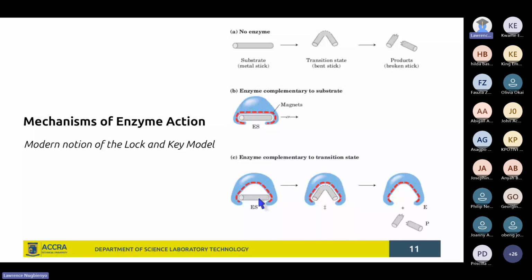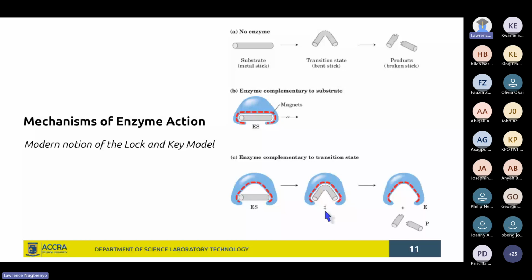And because it's not perfectly fit, as the substrate changes its shape to fit, it means the enzyme causes a certain change in that substrate so that it begins to get fit to its magnetic field, the active site, which is what is being referred to as a transition state.